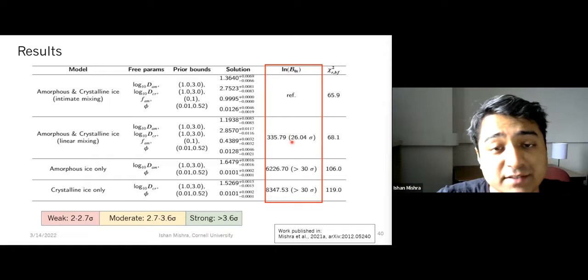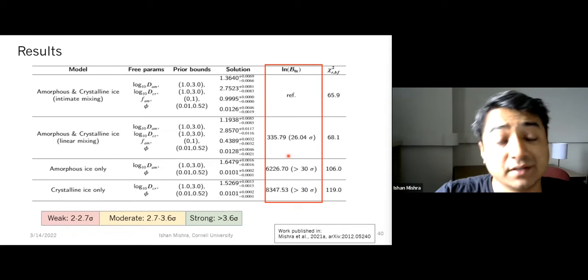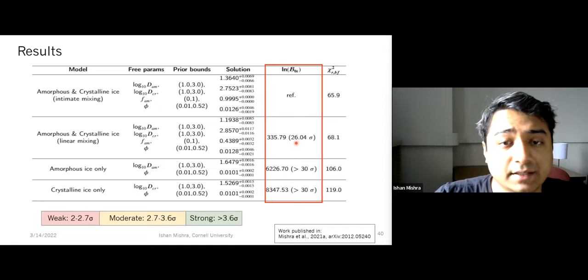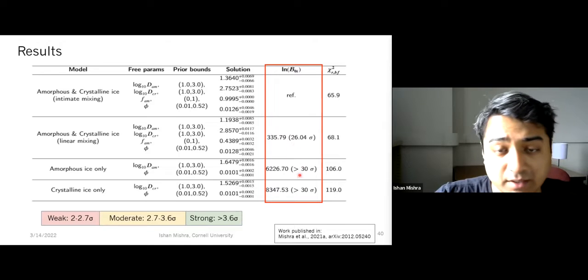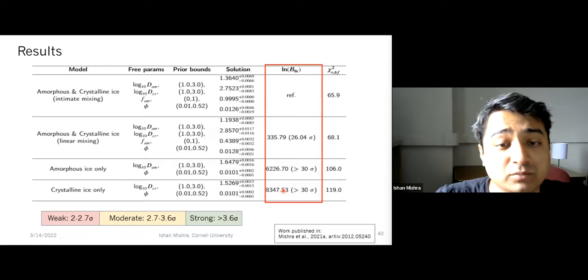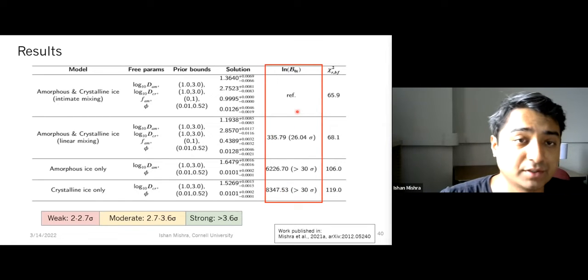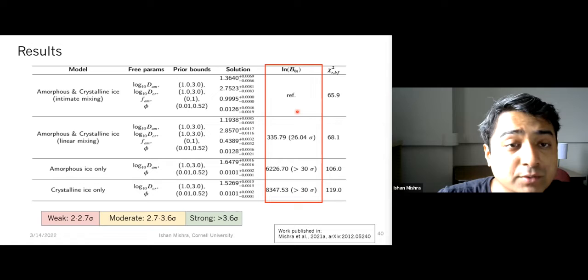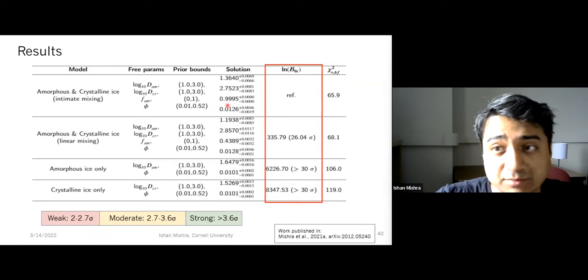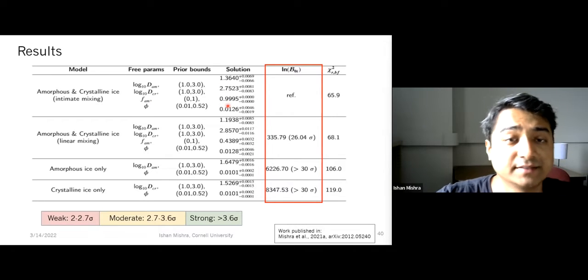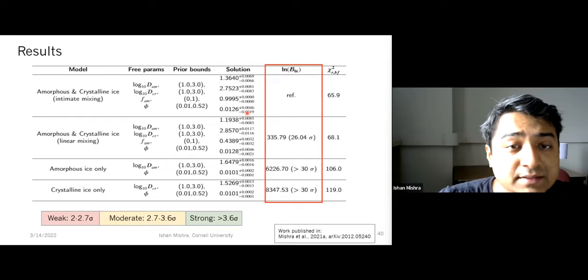So in this case, for example, the intimate mixing model is preferred over the linear mixing model at a very high significance, and the same goes for these two cases with only one species. And so the intimate mixing model was our preferred solution, with a very large amount of amorphous ice and a small amount of crystalline ice.